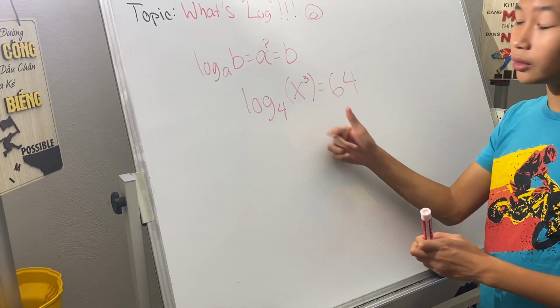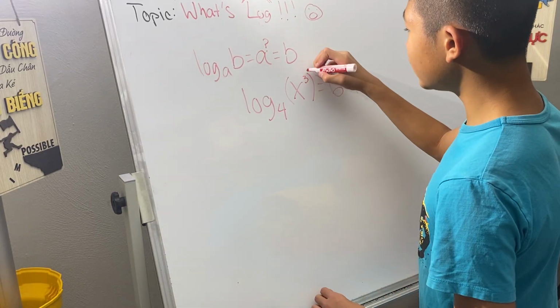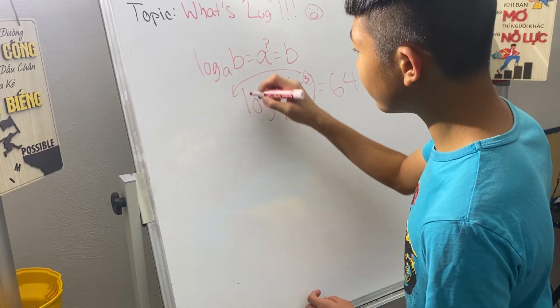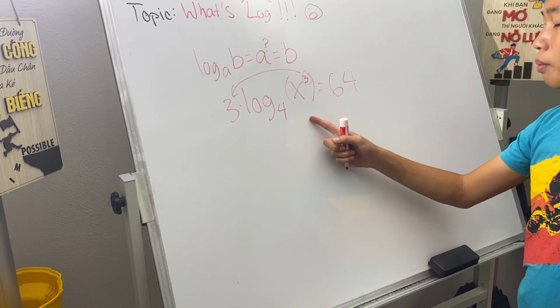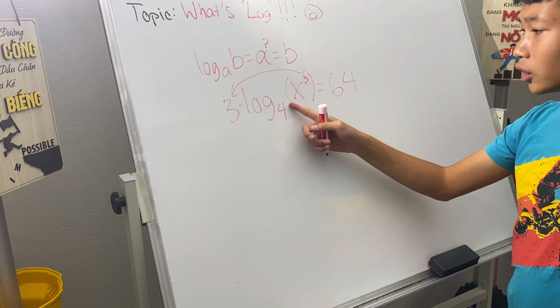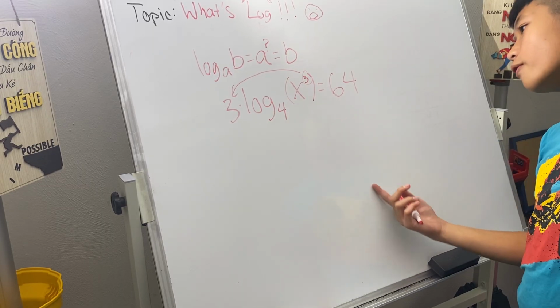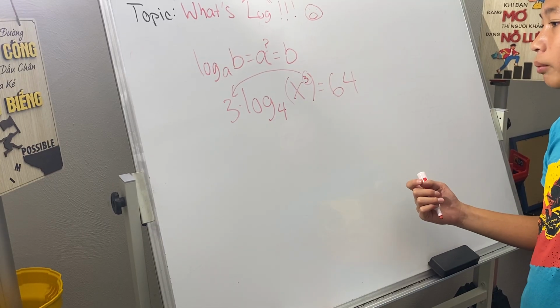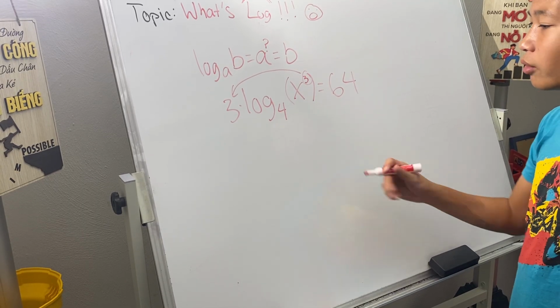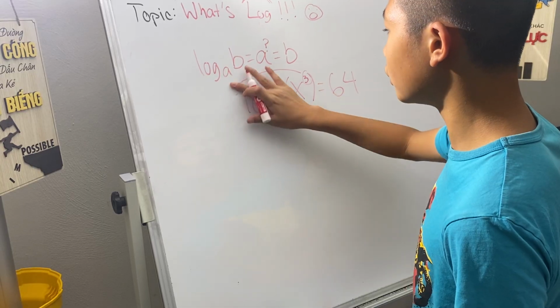Well, we gotta find x, right? Yes. So let's bring this 3 first. So this becomes much easier, right? So basically, what you're saying is 4 to the what equals x. Well, now let's not bring the 3 first.